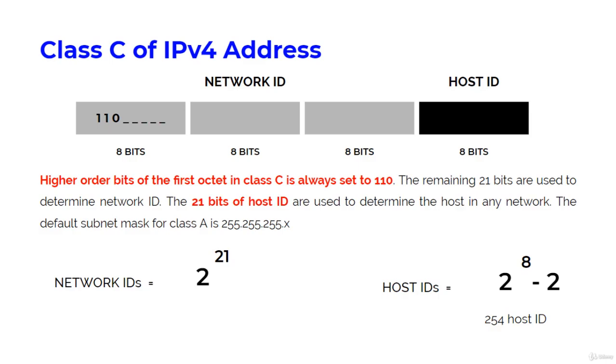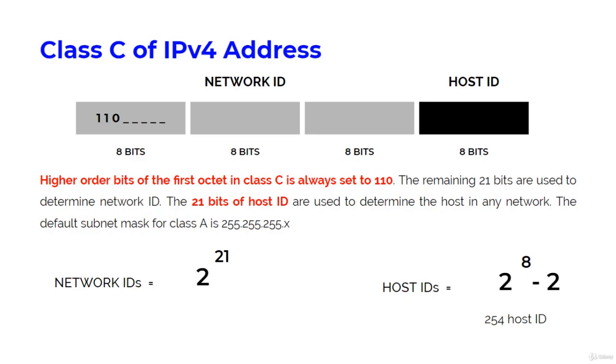The next one is class C. IP addresses belonging to class C are assigned to small-sized networks. The network ID of class C is 24 bits long and the host ID is 8 bits long. Therefore, the available hosts are 2 raised to 8 minus 2, which is 256 minus 2, that is 254 host IDs available for class C. The higher order bits of the first octet of an IP address of class C are always set to 110.